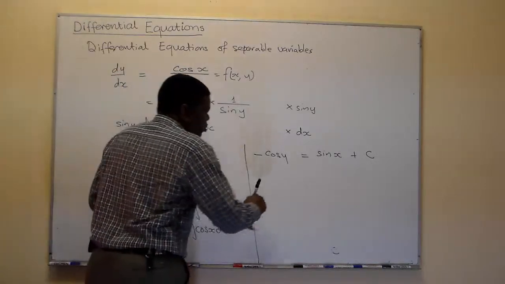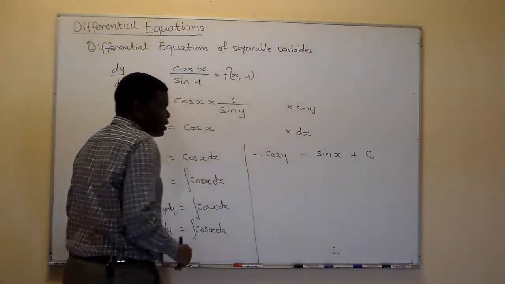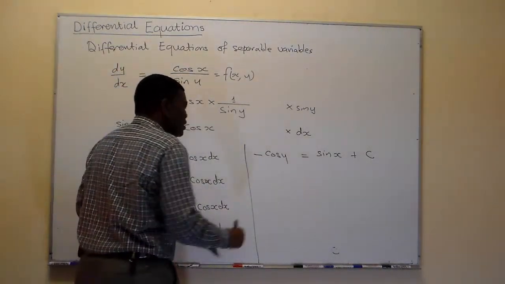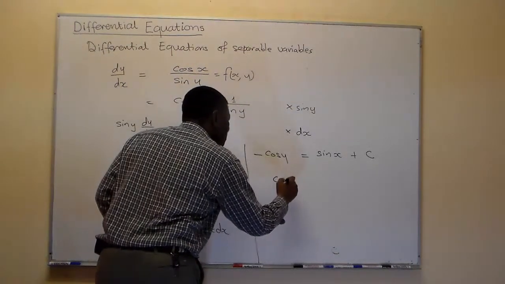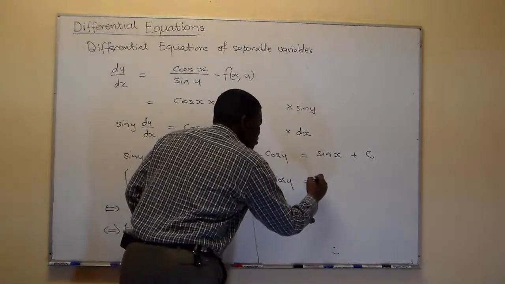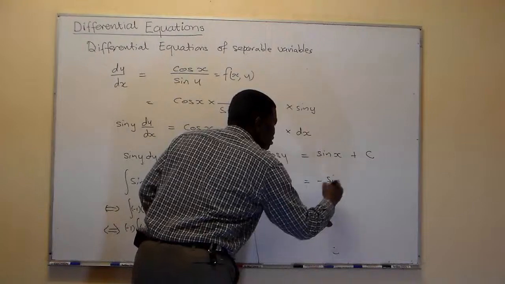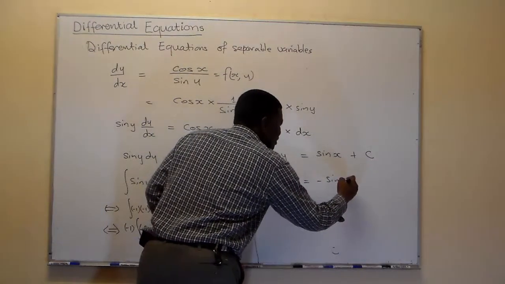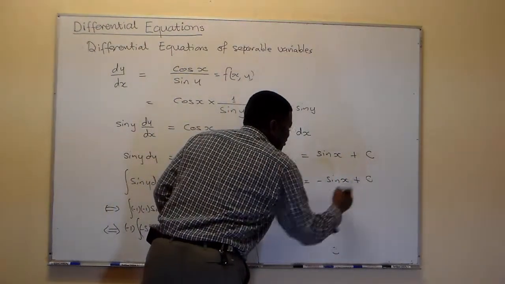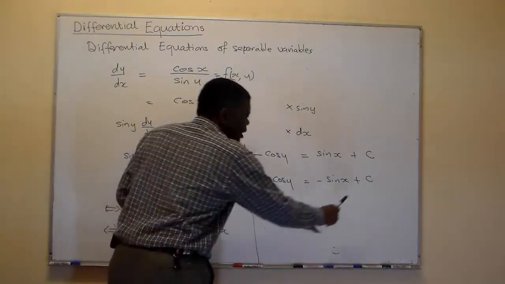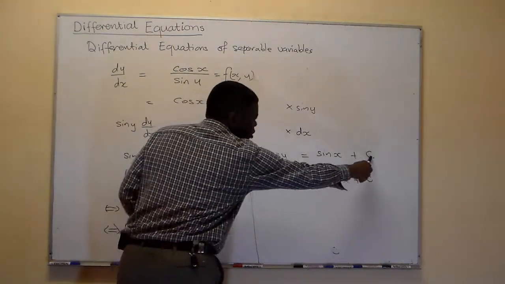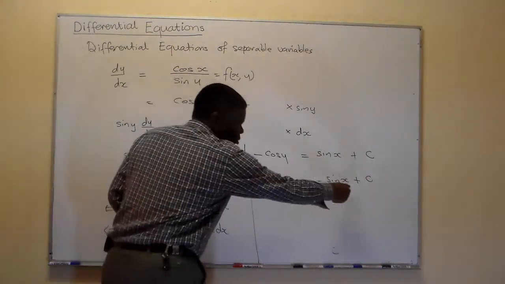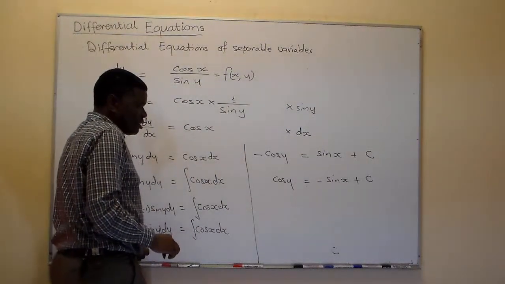Now, what you can do, we can multiply both sides by minus 1, and you get cosine y equals minus sine x plus c. We don't mind writing plus c because we don't really know the sign of c. We can still continue with a plus c.